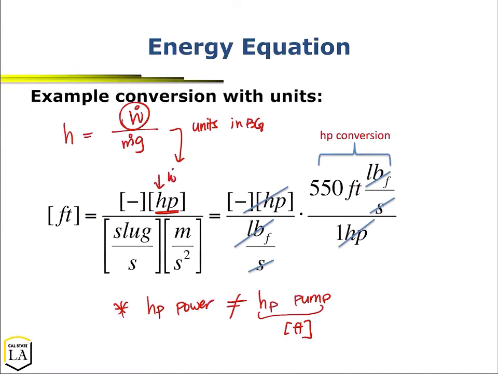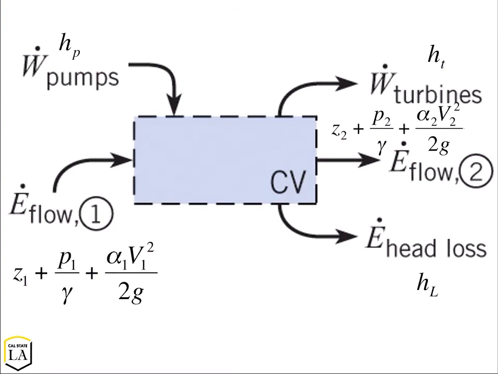So to convert pound force foot per second into horsepower, you would just multiply by that 550. Make sure you have that somewhere, that's a really important conversion. This is just showing everything together, where you have your energy due to the flow, similar to the Bernoulli equation.